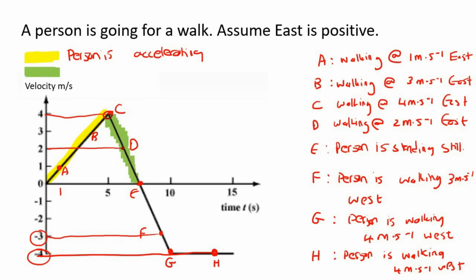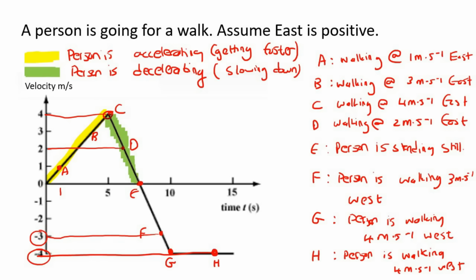So for that green part, we can say the person is now slowing down, so I'm going to use the word decelerating. Remember, I spoke in one of our previous lessons about positive acceleration, negative acceleration, and how a lot of teachers get that part wrong. If someone's speeding up, they're getting faster, we accelerate. And if someone is getting slower, you can call that deceleration, or let's say slowing down.